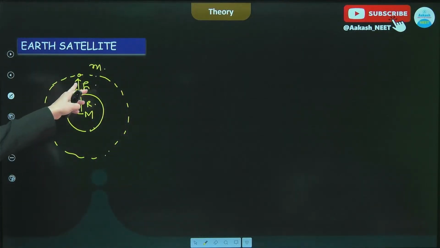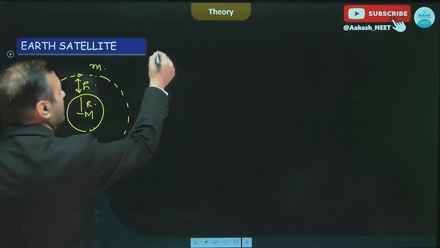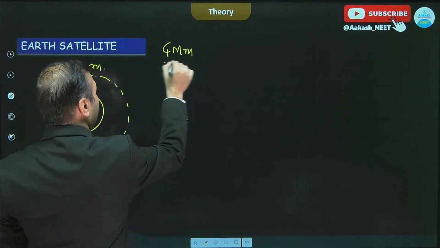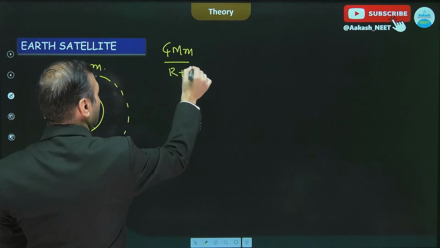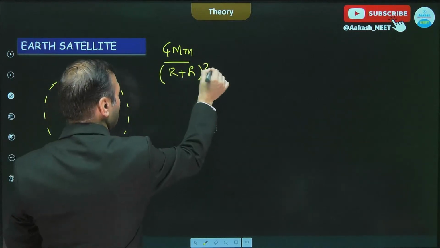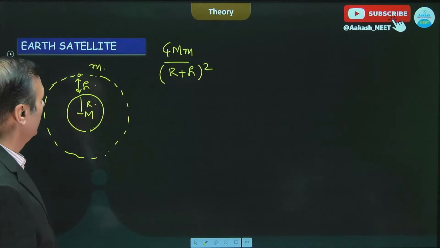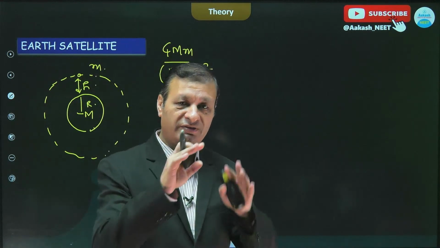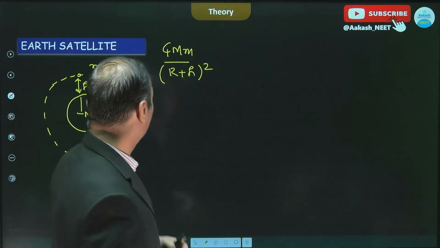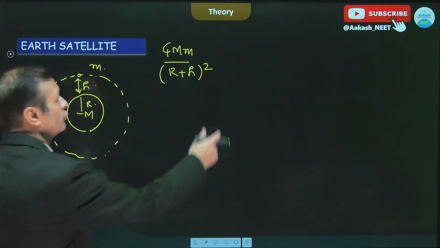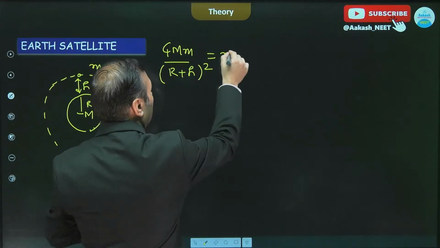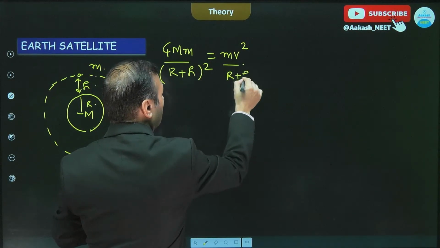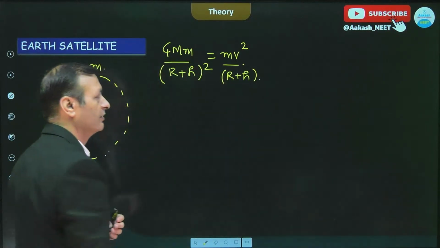So is there any gravitational force between this satellite of mass small m and the Earth? Yes, so this is the gravitational force. As you can see, this satellite of mass m is orbiting in this circular orbit. So this gravitational force definitely will provide the centripetal force to your satellite.